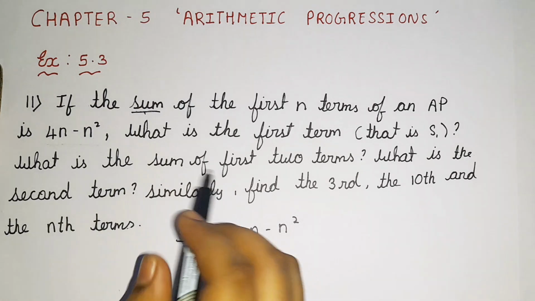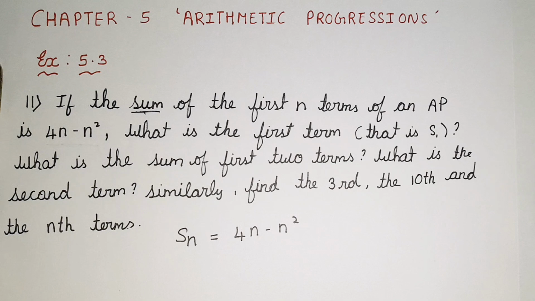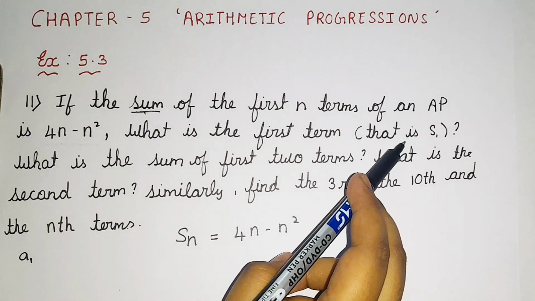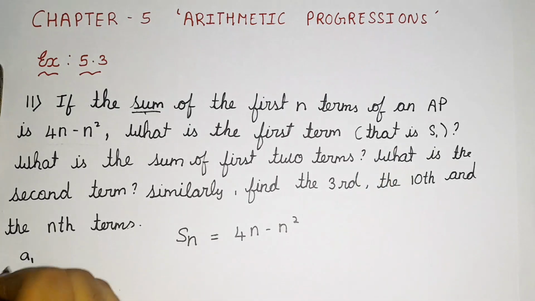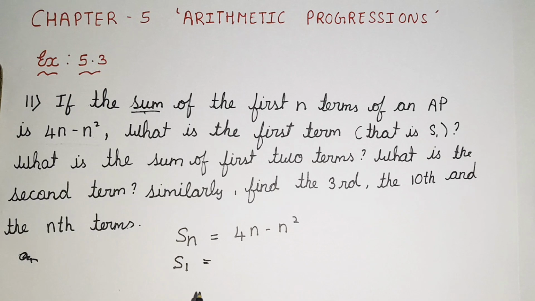Here they mentioned, what is the first term. Whenever I say first term, you might be wondering it will be A1, isn't it? But here they mentioned S1, so we are supposed to find S1. You might be wondering what is the difference between A1 and S1. A1 and S1 are both the same.